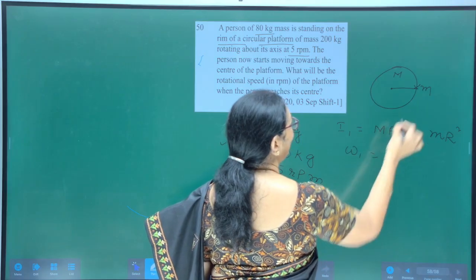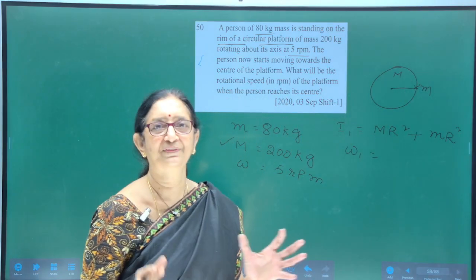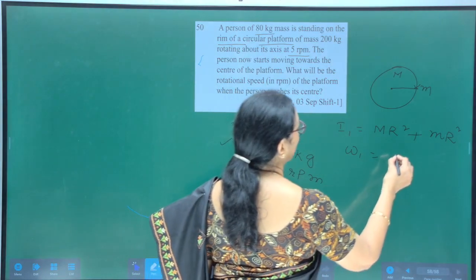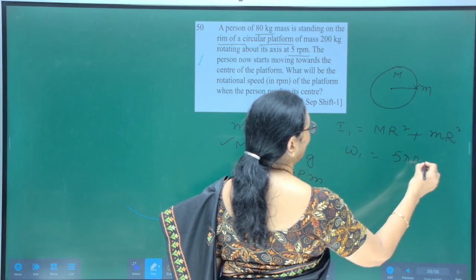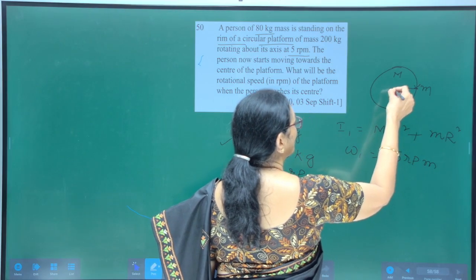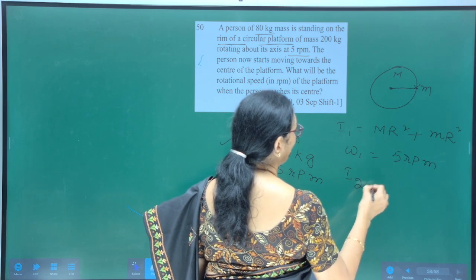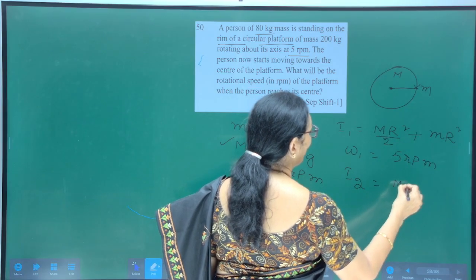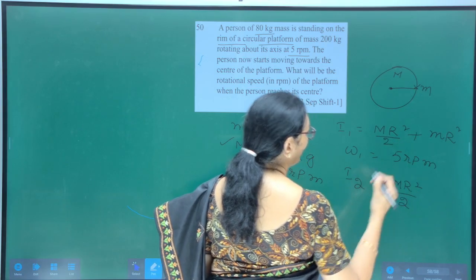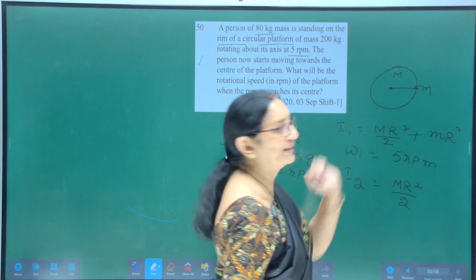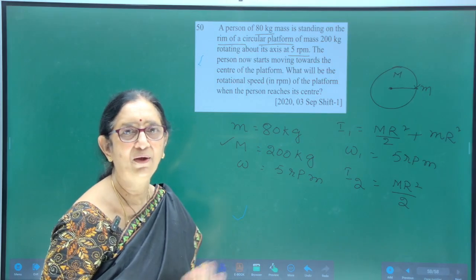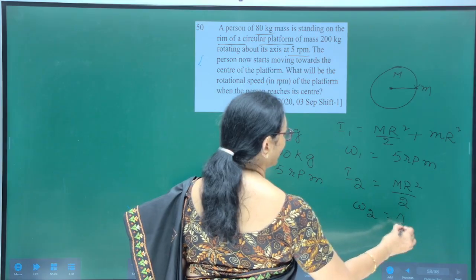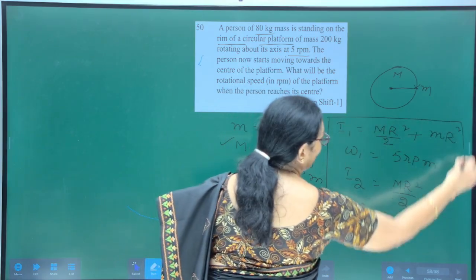With the man standing on the rim of the rotating platform, angular velocity is given as 5 rpm. When this man moves to the center, the moment of inertia is that of the disc, mr square by 2, because the man is now at the center, his distance is 0, hence his moment of inertia is 0. Omega 2 is how much? That is what we need to find.